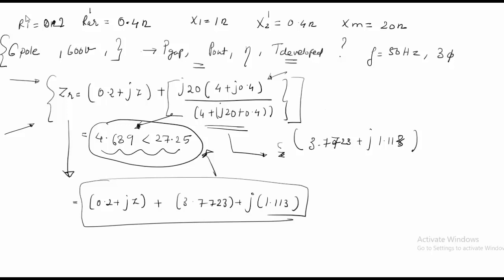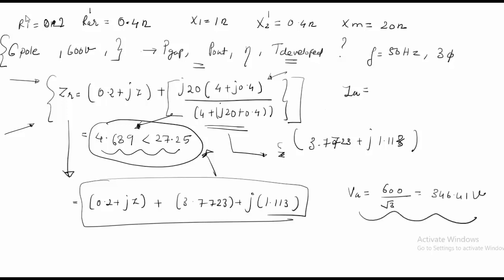So based on your ZR, your IA, or the current per phase for phase A, and your voltage VA will be equal to, considering the phase voltage, 600 divided by root 3, which will come close to 346.41 volts.